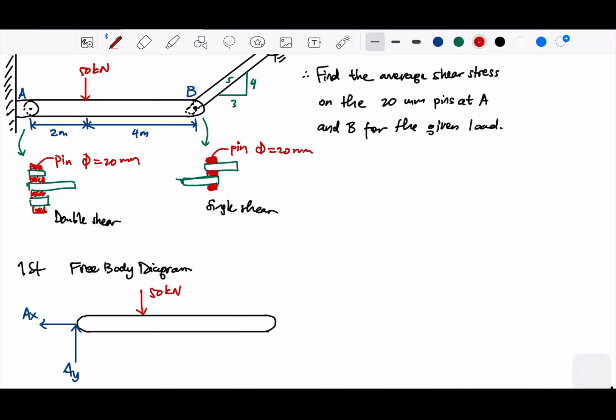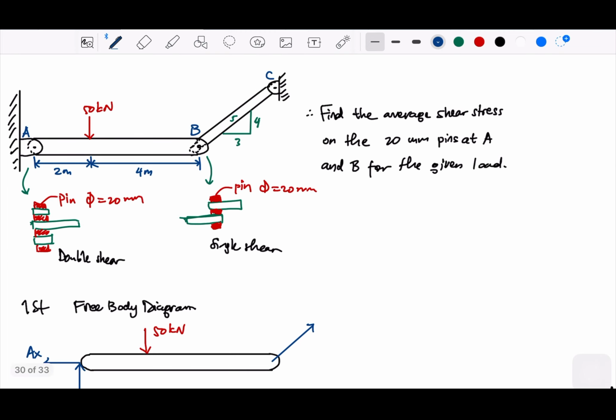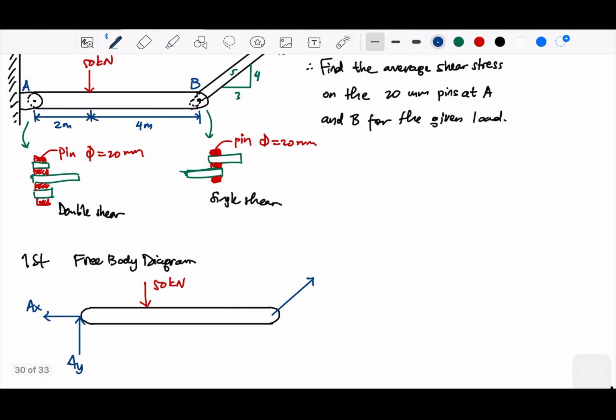And then we have this part here. This is the force that is on the member BC, the truss BC. So let's say we have FBC. Of course, because we have the 3, 4, 5 triangle, we can make out the sine and cosine components.